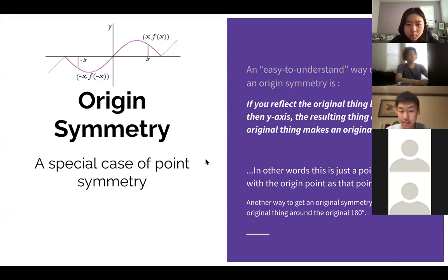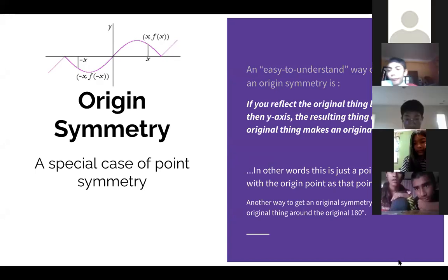An easy way to see origin symmetry is if you reflect the original graph or line or shape over the x-axis, and then you reflect it again over the y-axis, the resulting shape and the original shape make an origin symmetry. In other words, this is a point symmetry, where the point is the origin.